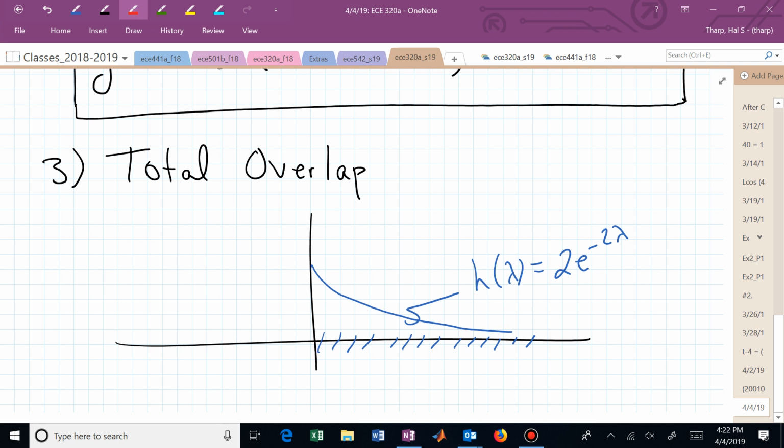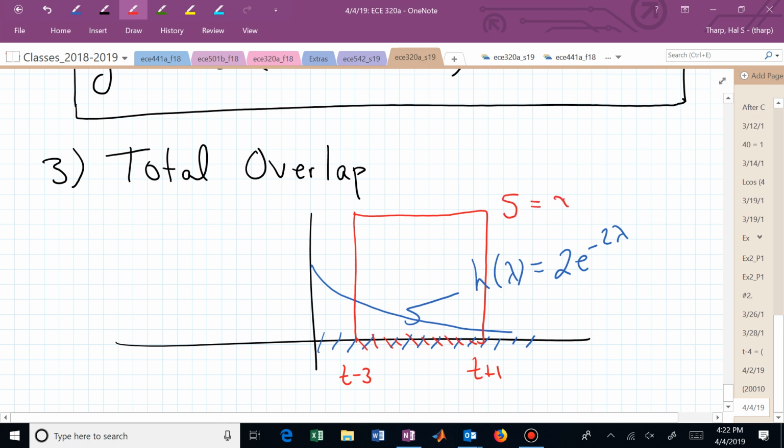And now we're saying that these two waveforms are totally overlapping. Well, then that t minus 3 needs to slide through lambda equals 0. We now need this to be the case. This was t plus 1. This was t minus 3. And this was x of t minus lambda, which was constant.